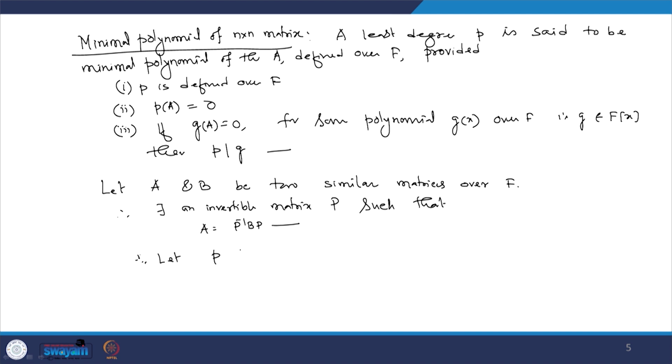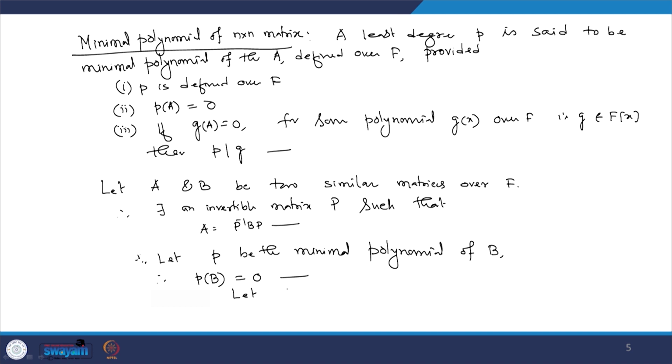So, let p be the minimal polynomial of B. So, p(B) equal to 0.